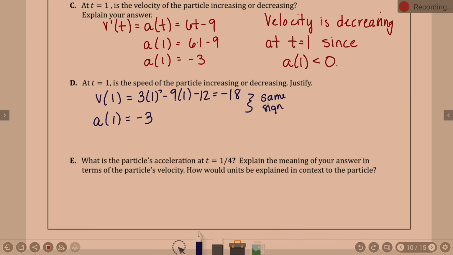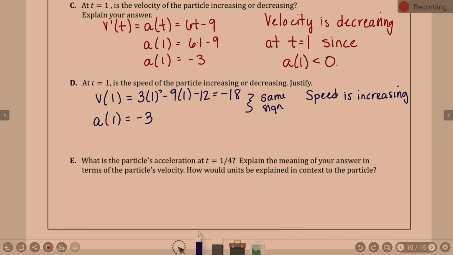And I'm assuming you guys remember the rule, or at least I think both of you did, because you both started talking about it individually. That if the velocity and acceleration have the same sign, speed is increasing. If the signs are opposite, speed is decreasing. So my justification here: both velocity and acceleration are negative.